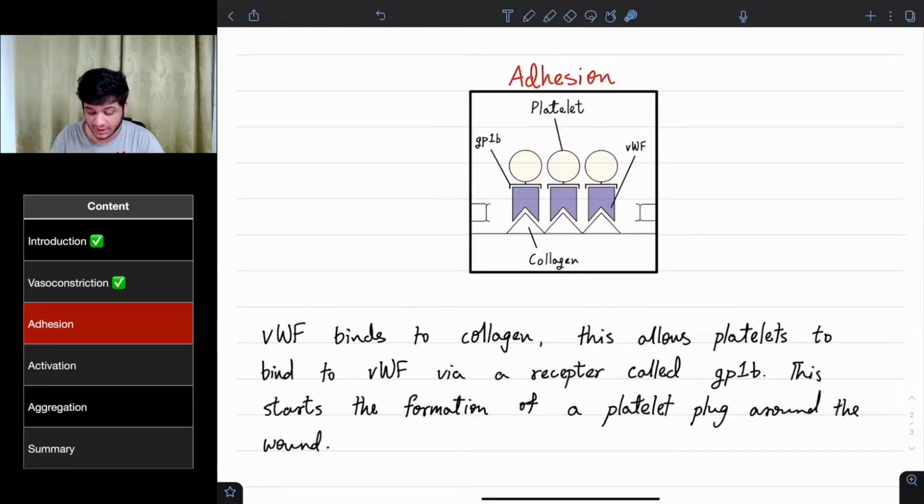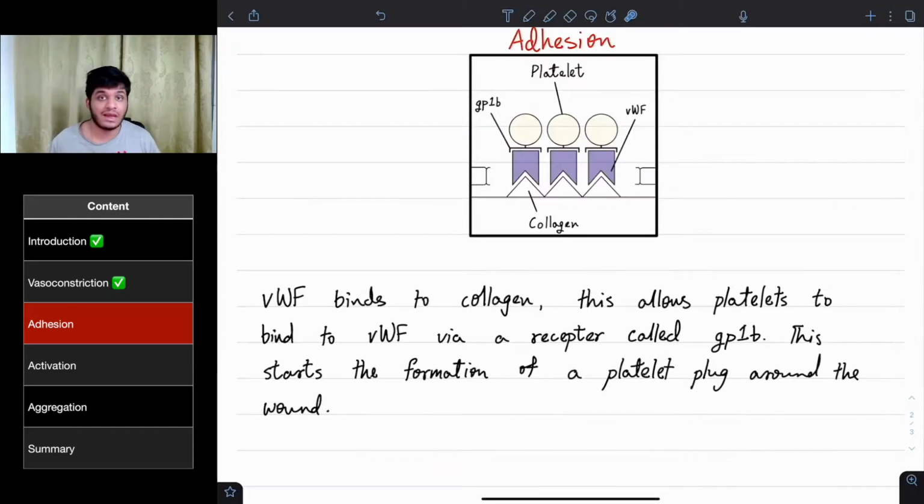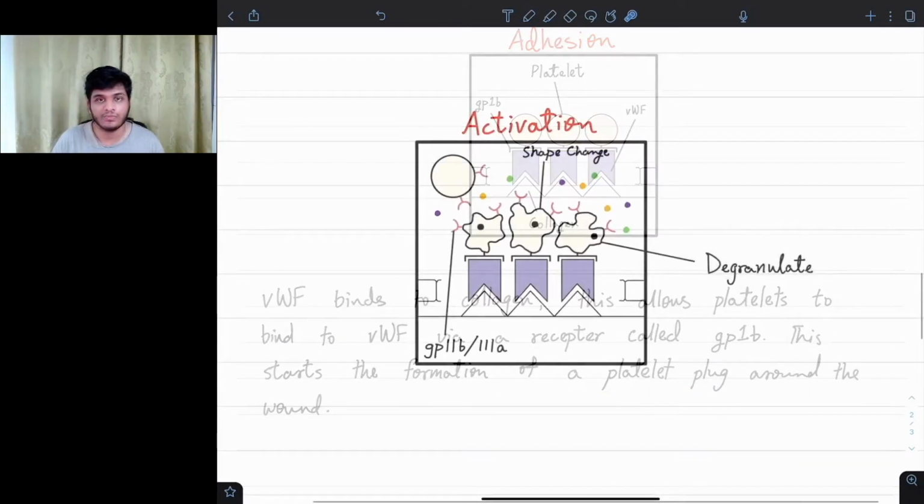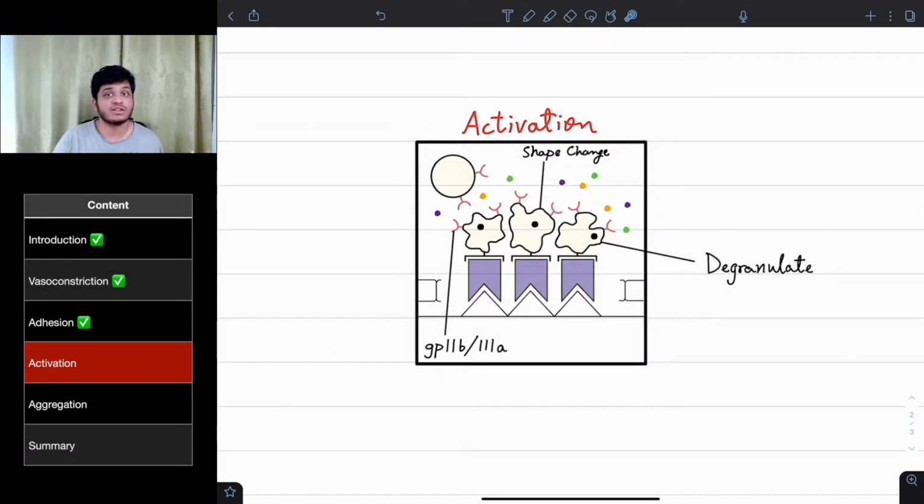That allows platelets to adhere to the von Willebrand factor using a glycoprotein called GP1B, glycoprotein 1B. And that's actually how platelets come around the exposed wound or the cut and start the formation of a platelet plug. So, as we discussed, step 1 and 2 were vasoconstriction and adhesion.